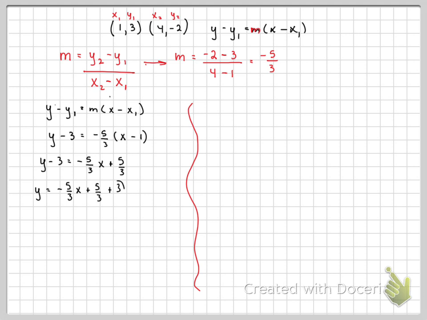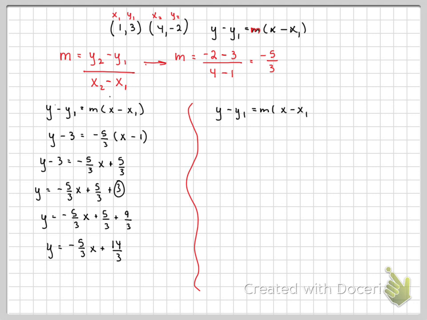Now, in order for that 3 to be added to 5/3, 3 has to be written with a denominator of 3, so you can add your fractions. So 3 is the same thing as 9 over 3. And then we get finally that y is equal to negative 5/3 x plus 14 over 3.